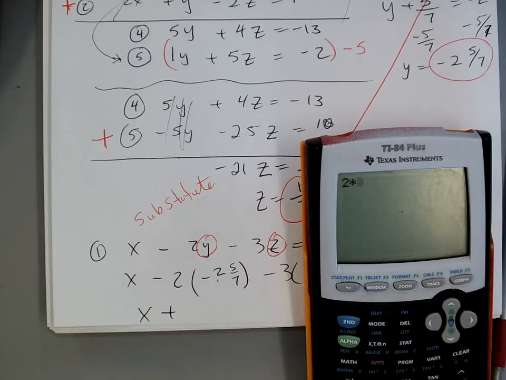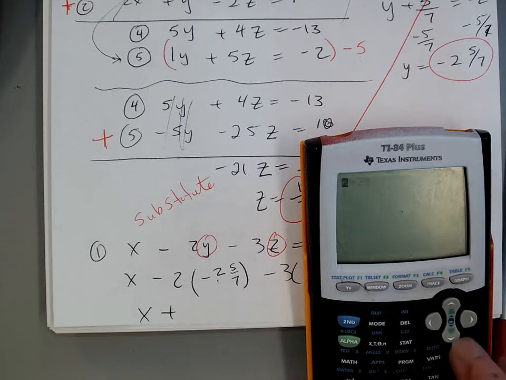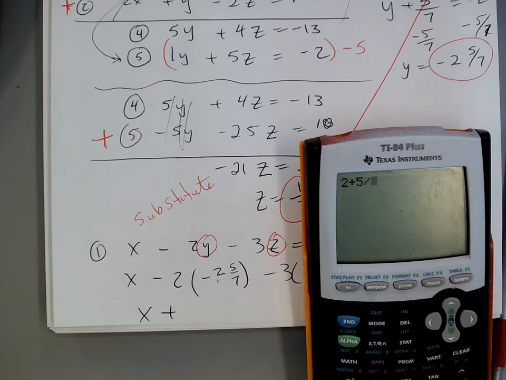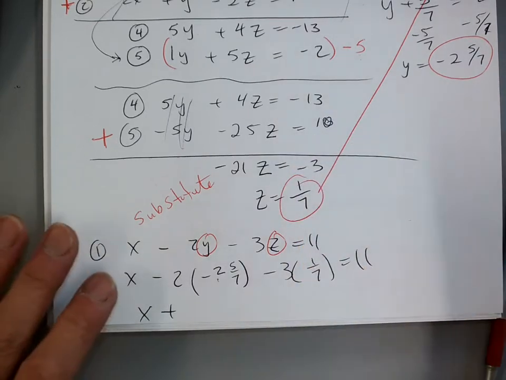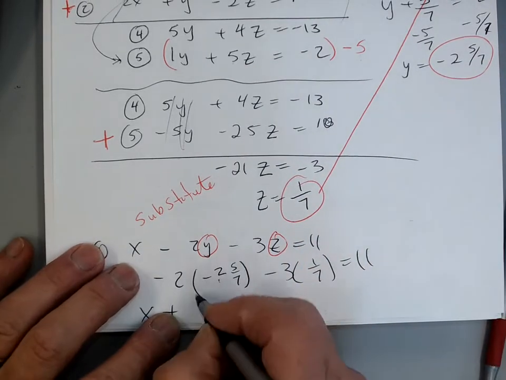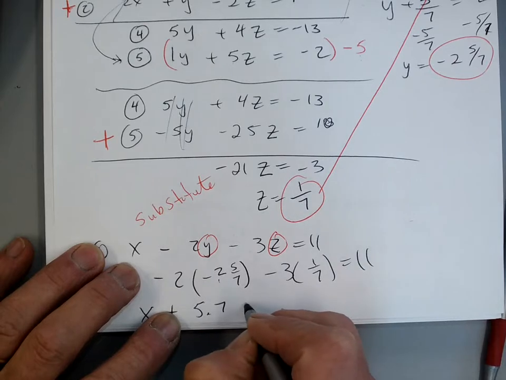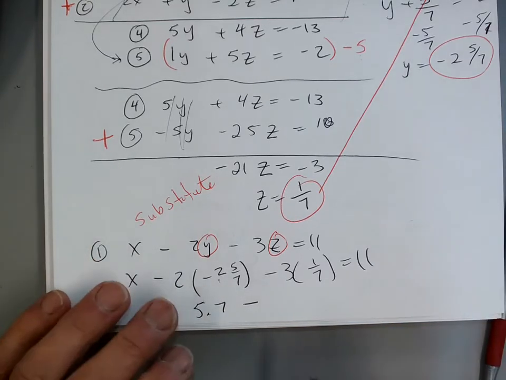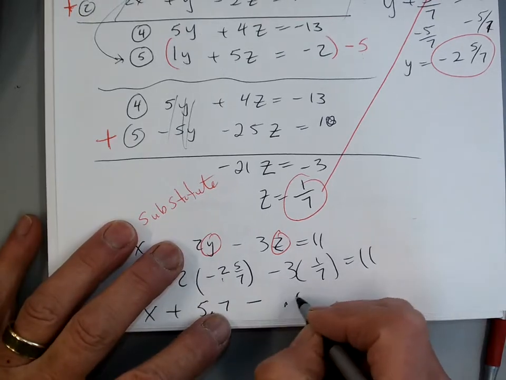2 times 2 and 2/7. Hold on. 5/7 times 2. Okay, we'll just use a decimal. We'll go positive 5.4 minus 3 times 1/7. I get about 0.4 equals 11.